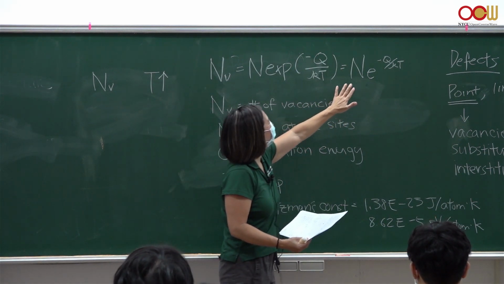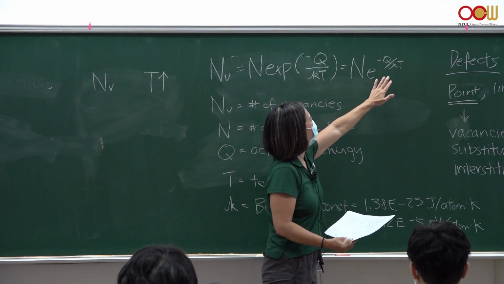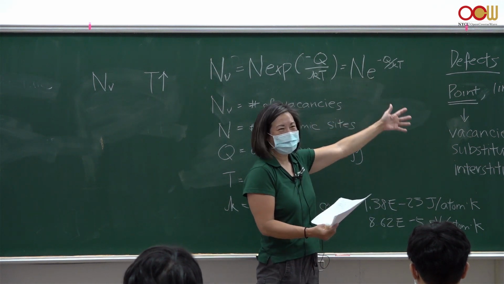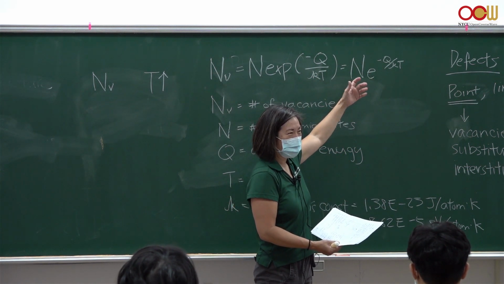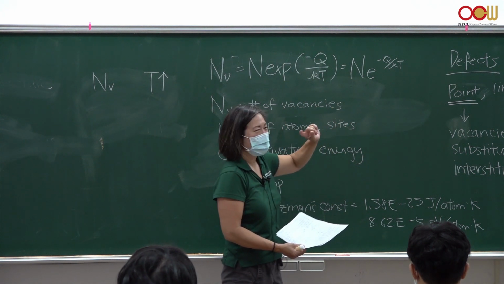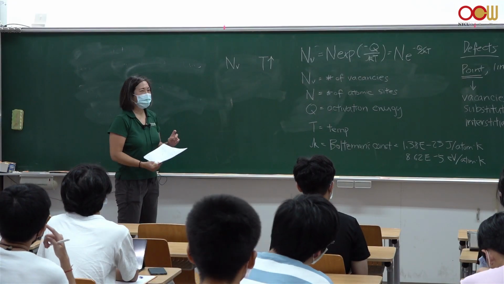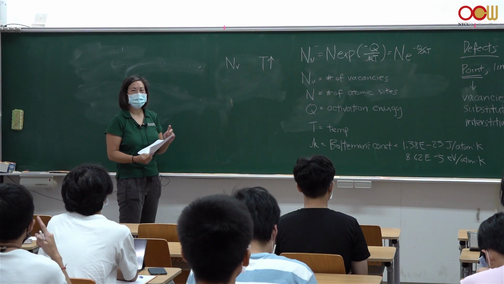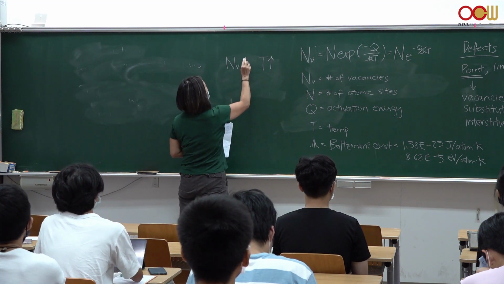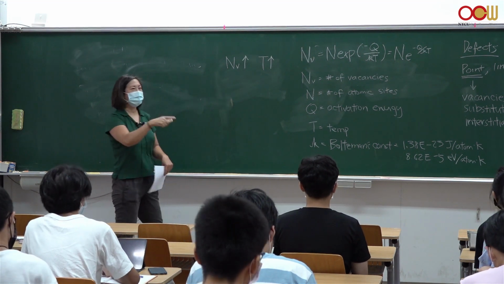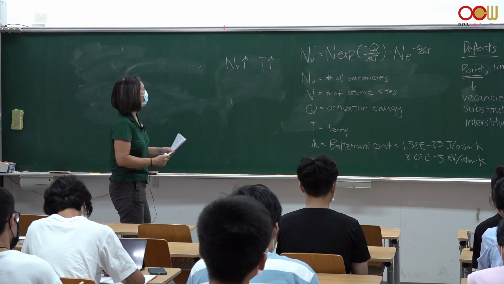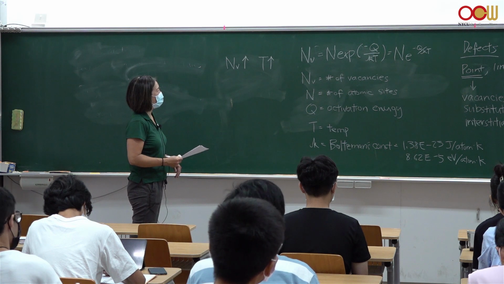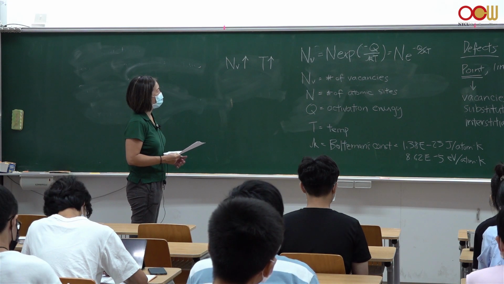So if everything else stays the same, the K is a constant, Q for activation energy for any given material is the same. The number of atomic sites should also stay the same. So if T goes up, the number of vacancies go up. And if you're not sure, you could just plug in some numbers and see, right? It's always easy to just try a couple numbers and see what happens to your n sub v.